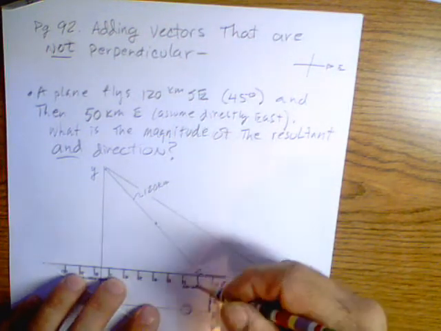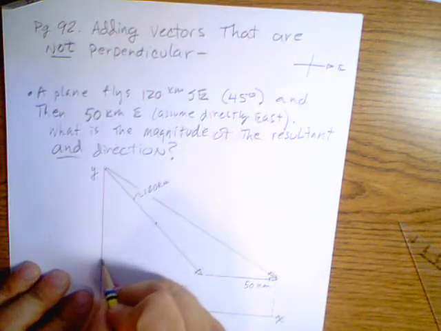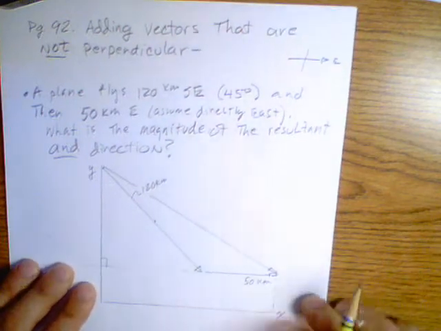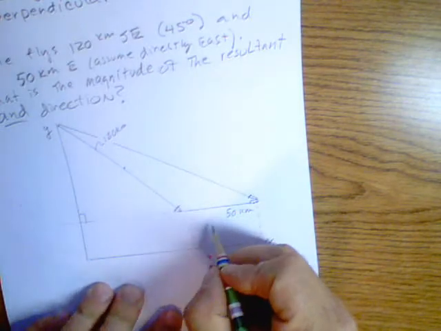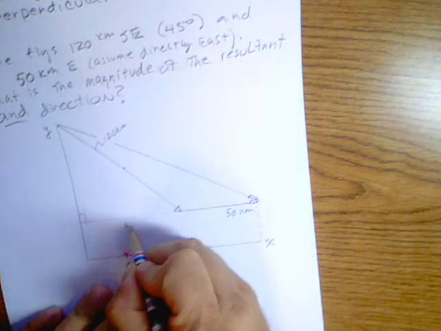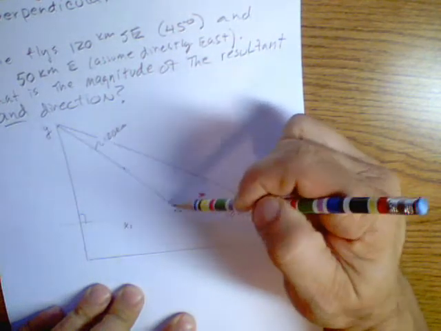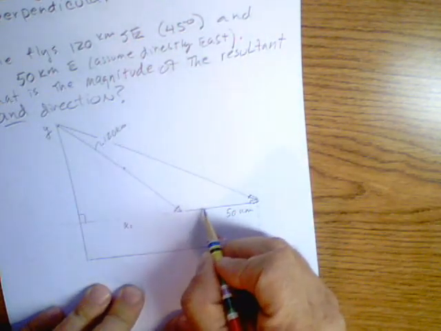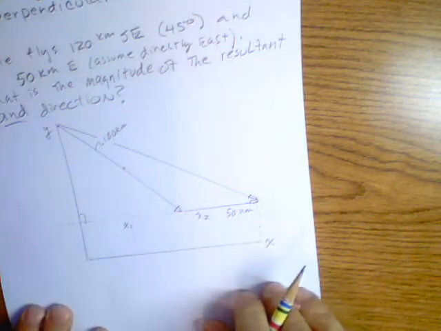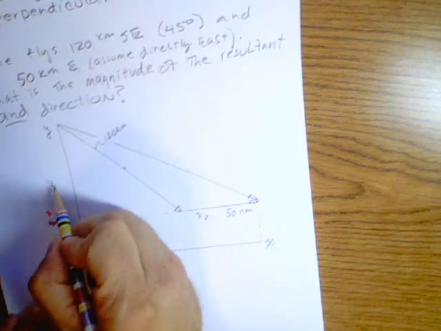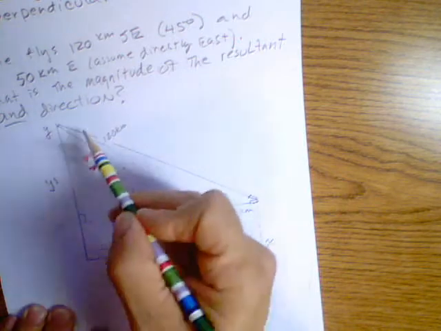So here's our x-axis, and now we have a right triangle. We'll call this x1. So we'll resolve this vector to x, and then this will be x2. Well, we already know that one's resolved for us. It's 50. And then we'll resolve y, and then we'll have a right triangle. Once we get the right triangle, we can get the hypotenuse.